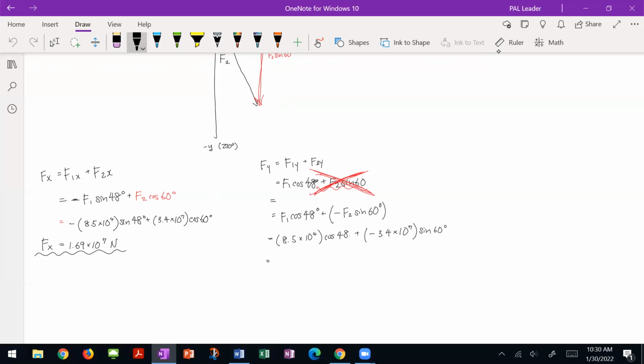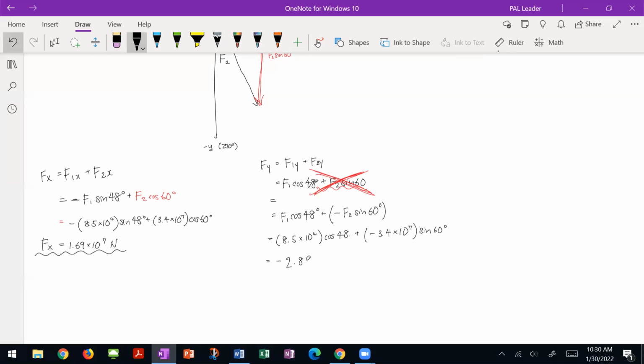Sorry about this. Cosine 48 plus negative 3.4 times 10 to the power of 7 sine 60. Okay, I think I got my correct number here. It's again a really big number, but we can work with that.